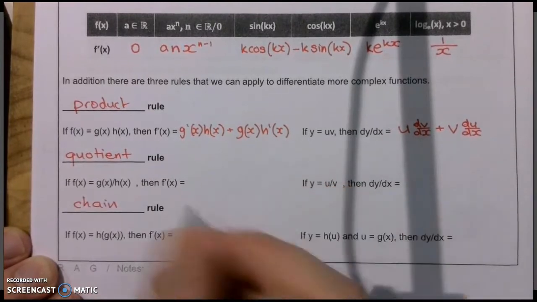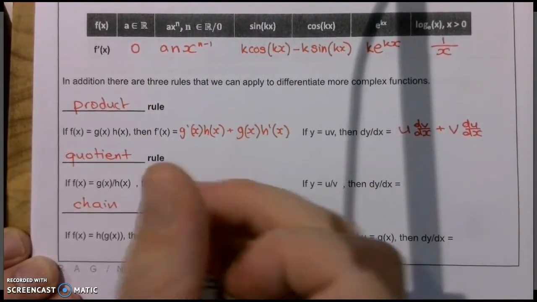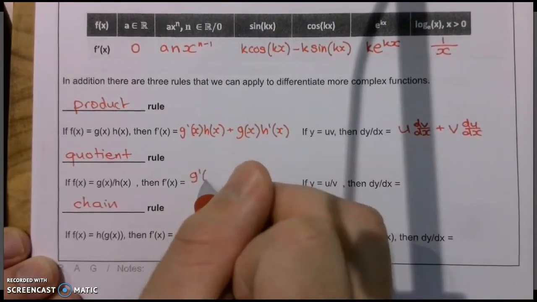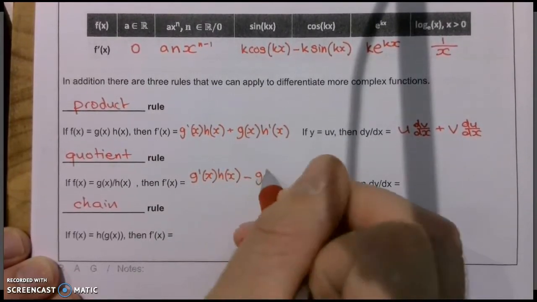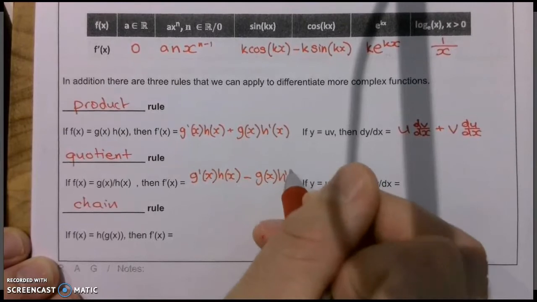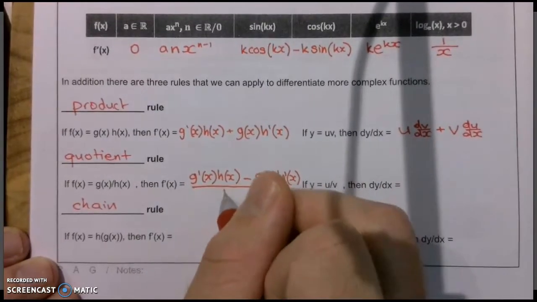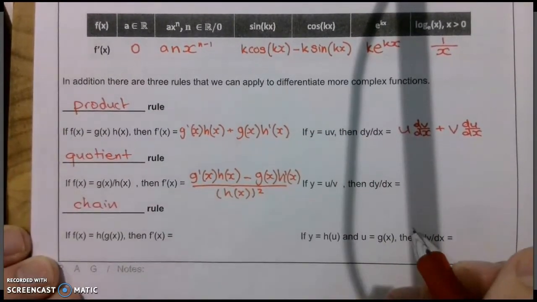And it's a fraction. The numerator is similar to the product rule, but we have a minus sign. So it's the derivative of the first multiplied by the second minus the first multiplied by the derivative of the second, and then it's all over the denominator squared, h of x squared.